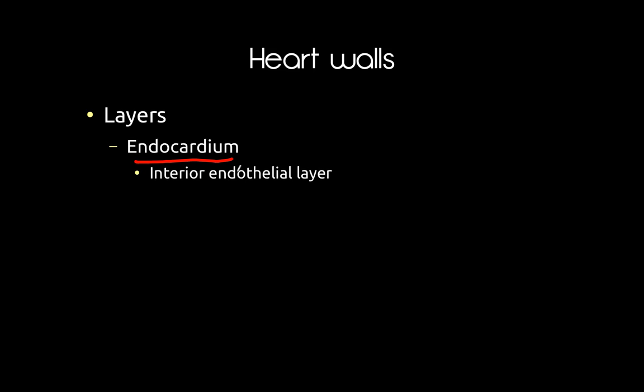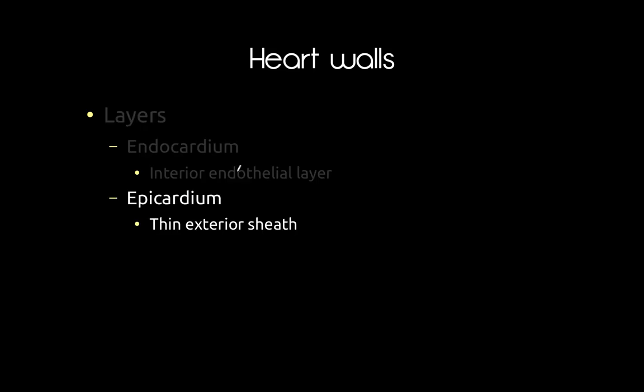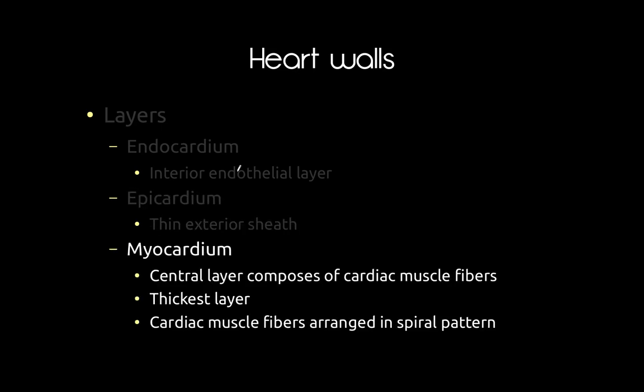We also have an epicardium, which is this thin exterior sheath lining the outside of the heart. But the really important one that we need to talk about is the myocardium. This is a central portion of these heart walls, and it's composed of cardiac muscle fibers. This is the thickest layer by quite a bit because it's really doing the business of the heart. And these cardiac muscle fibers are arranged in this spiral pattern around the chambers of the heart.